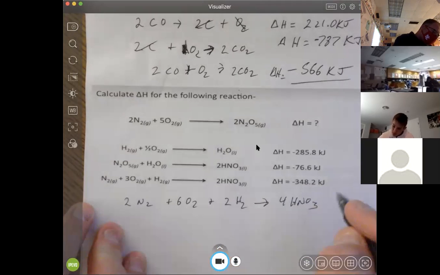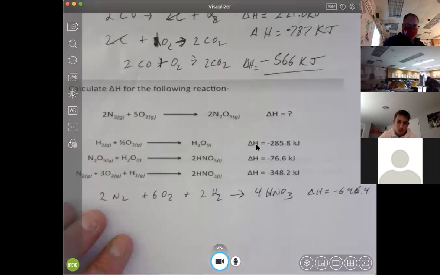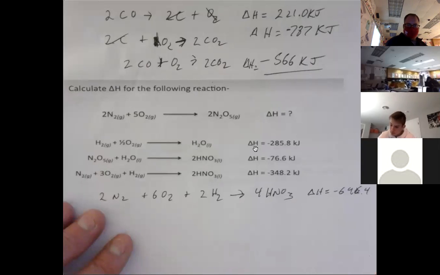Negative 348.2 times 2 is negative 696.4. So there we go for that. Anybody to get the next step?